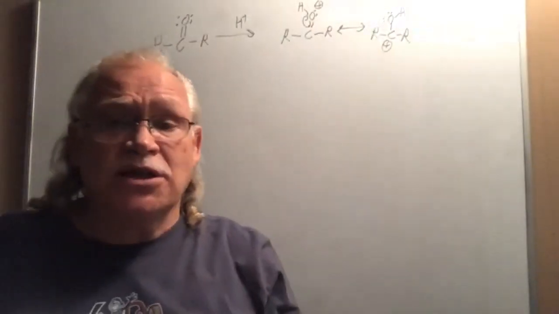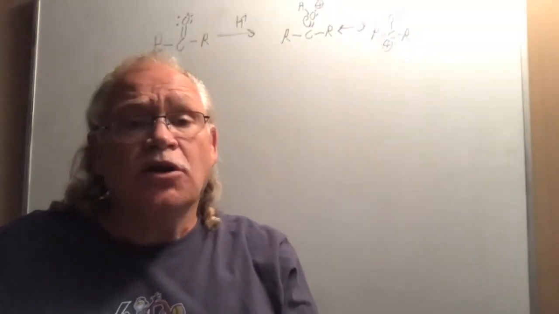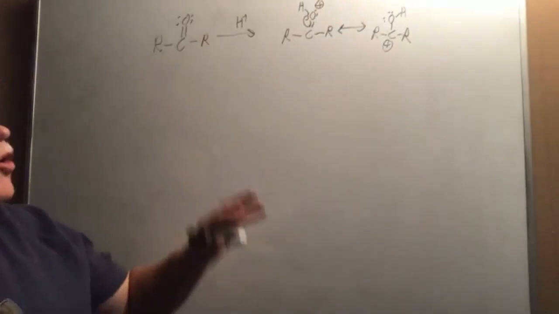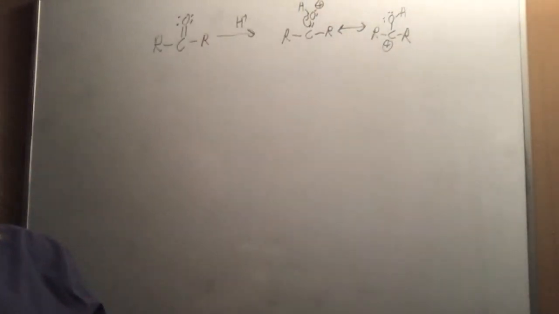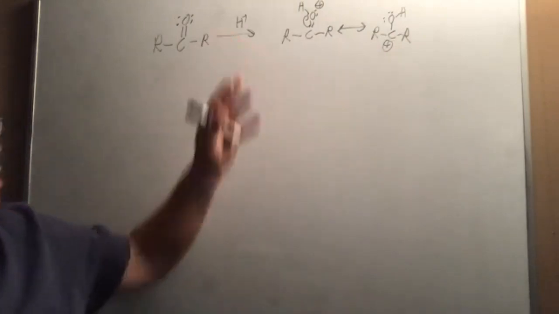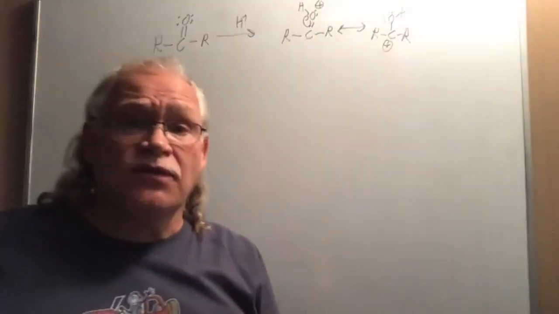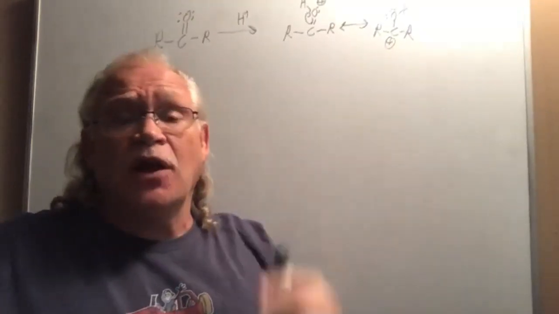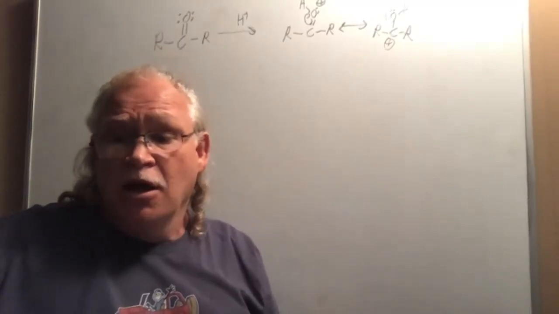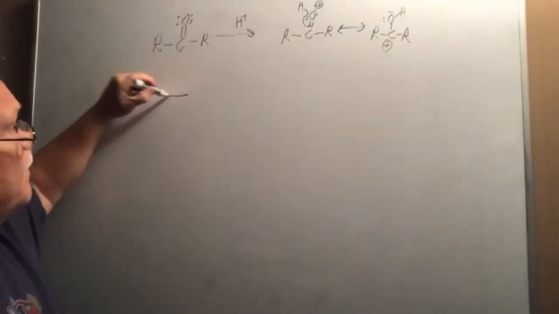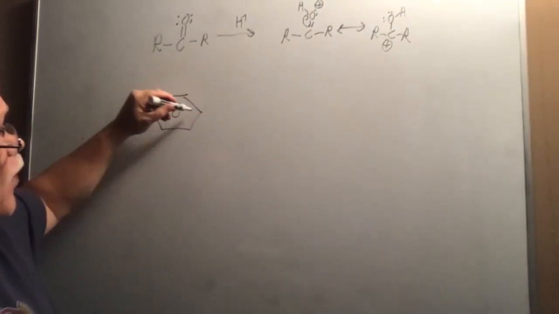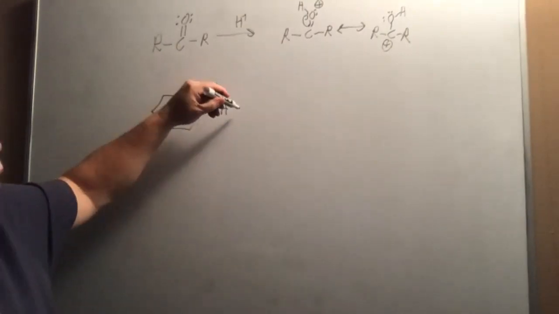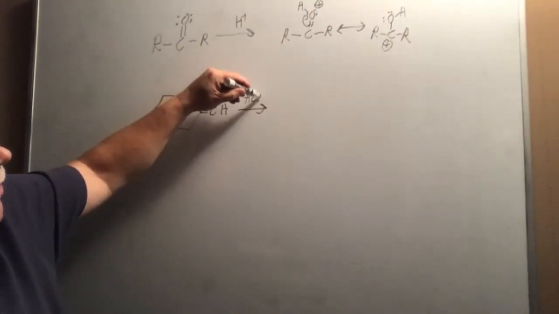Because of that resonance structure, the carbonyl can be attacked even in acidic solutions, even though you're using a weak nucleophile, because it can't be negatively charged in acidic solutions. The carbon is positively charged, which means it's more susceptible to attack, and therefore even a weak nucleophile can come and attack it. So let's look at an example of that. If we take this compound here, benzaldehyde, and treat it with HCN.